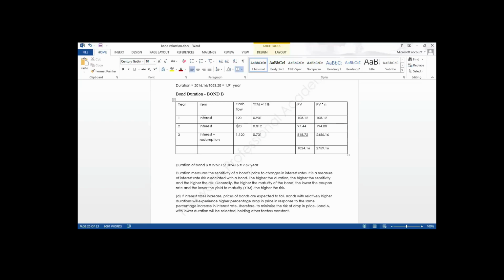The higher the sensitivity, the higher the risk. In simple terms, duration measures the sensitivity of a bond price to change in interest rate. It shows how long it will take to recoup the amount invested in the bond.